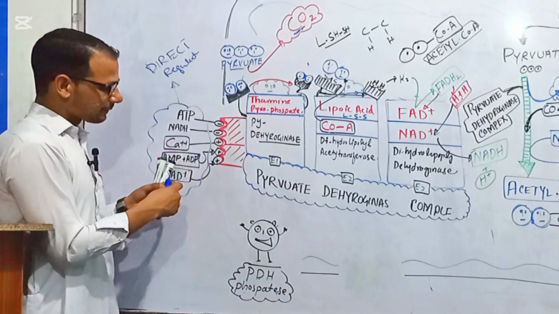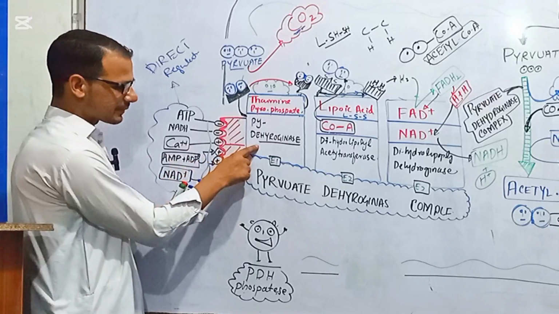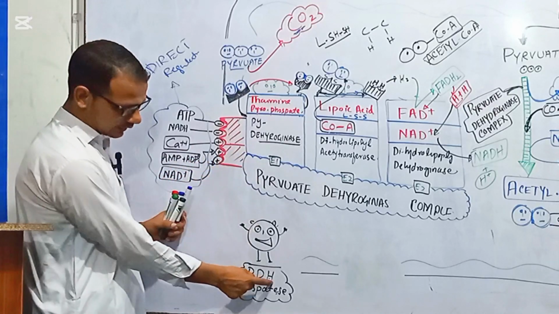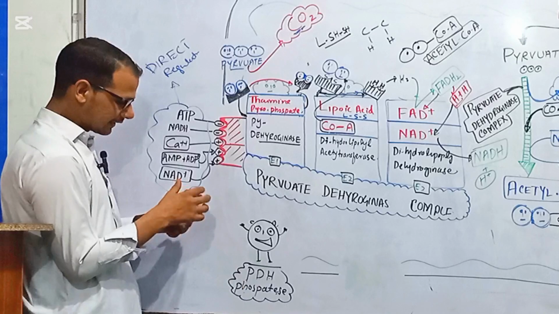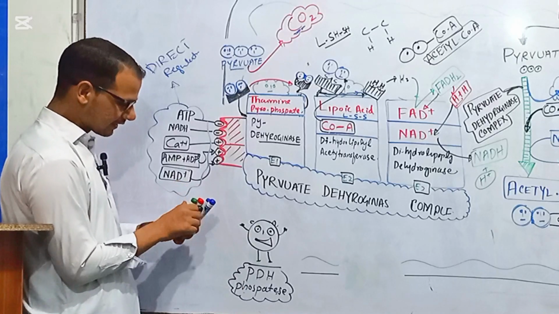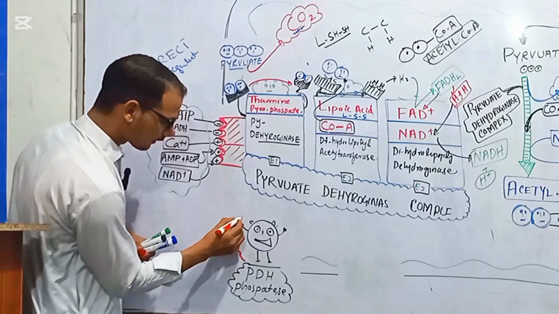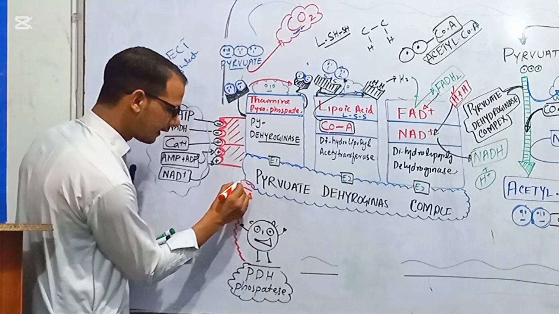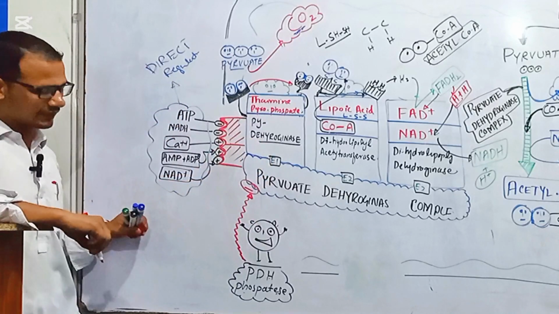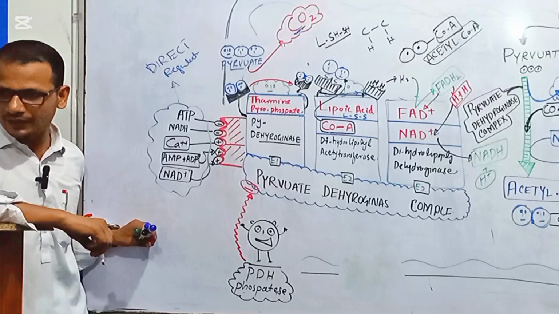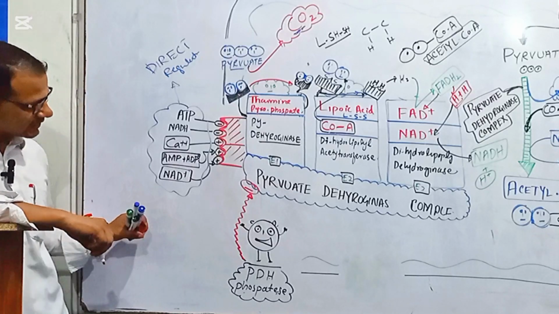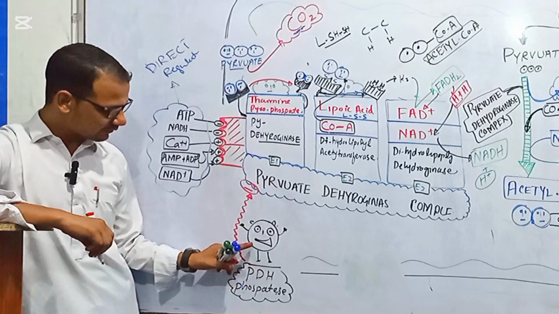What it is doing, it inhibits this pyruvate dehydrogenase. So when the amount of this enzyme increases, it will inhibit this pyruvate dehydrogenase and will inhibit this pathway. But the question is, what are the regulators for this enzyme?